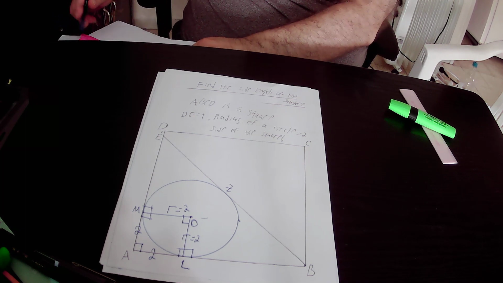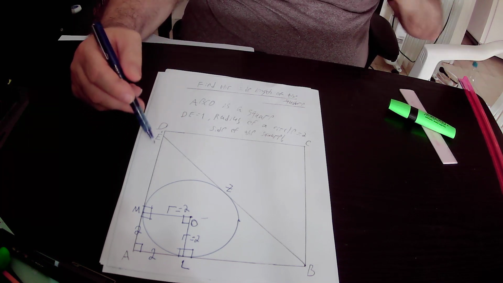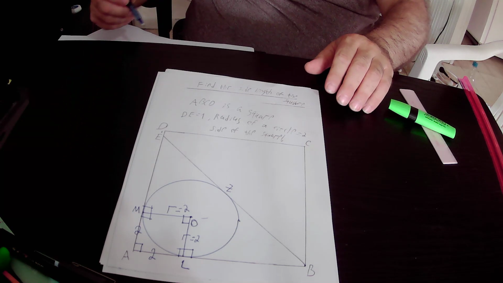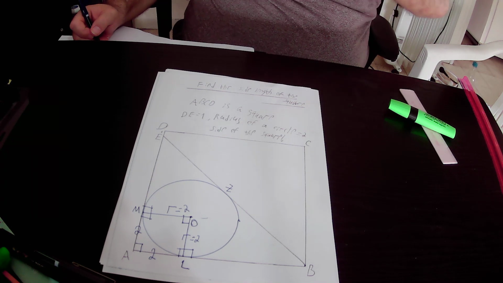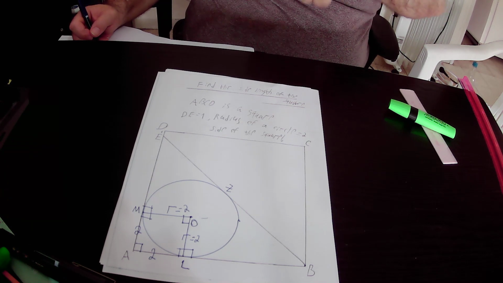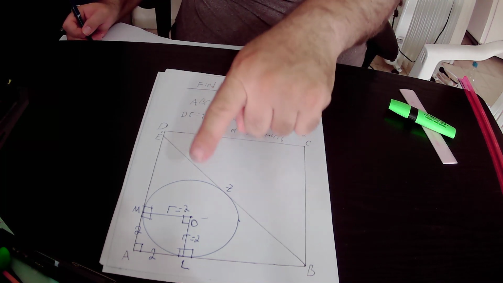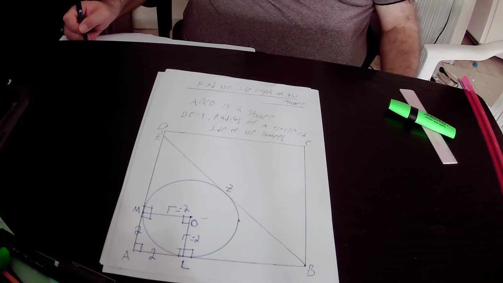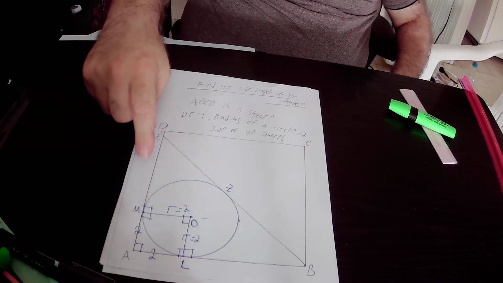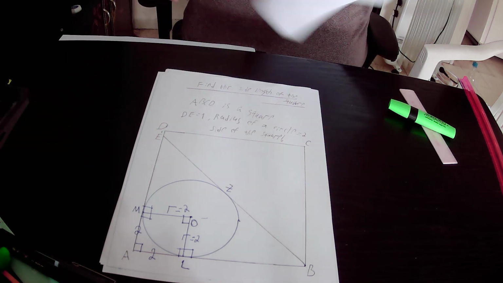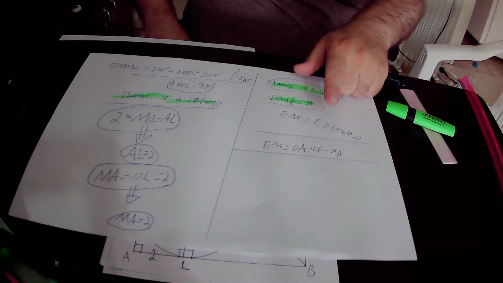From the drawing, it is very easy to see that the length of line segment EM, or tangent EM, is equal to dA, that is the side length of the square, minus DE minus MA. Again, EM equals dA minus DE minus MA.